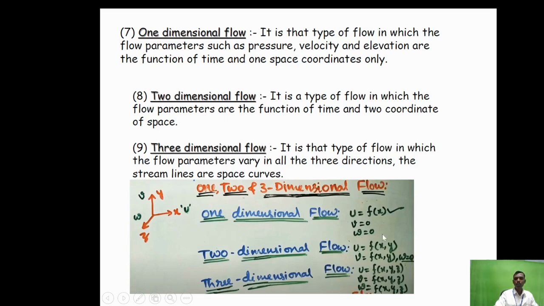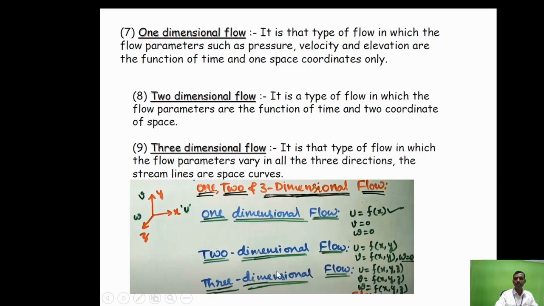is equal to 0. For two-dimensional flow, we need two coordinates to describe the velocity. Here, velocity u is equal to a function of x, y. These two coordinates are required to describe the velocity. v is equal to a function of x, y, and w is equal to 0.